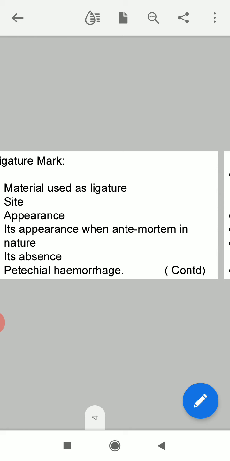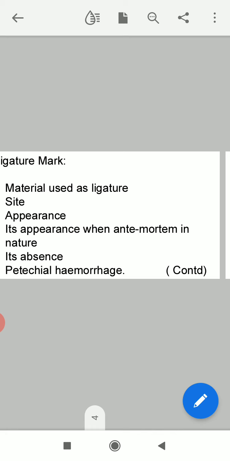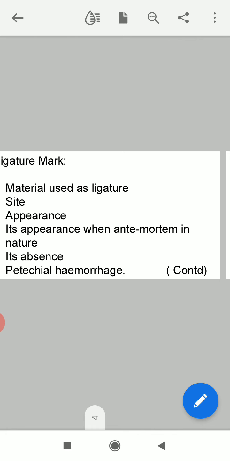So when you find a ligature mark around the neck, first of all you think the cause of death is strangulation. But when you go for a thorough postmortem examination, you come to know that the cause of death may be something else. When the ligature mark is antemortem, meaning strangulation was done on a living person, you will find abrasion and ecchymosis around the edges of the ligature mark.